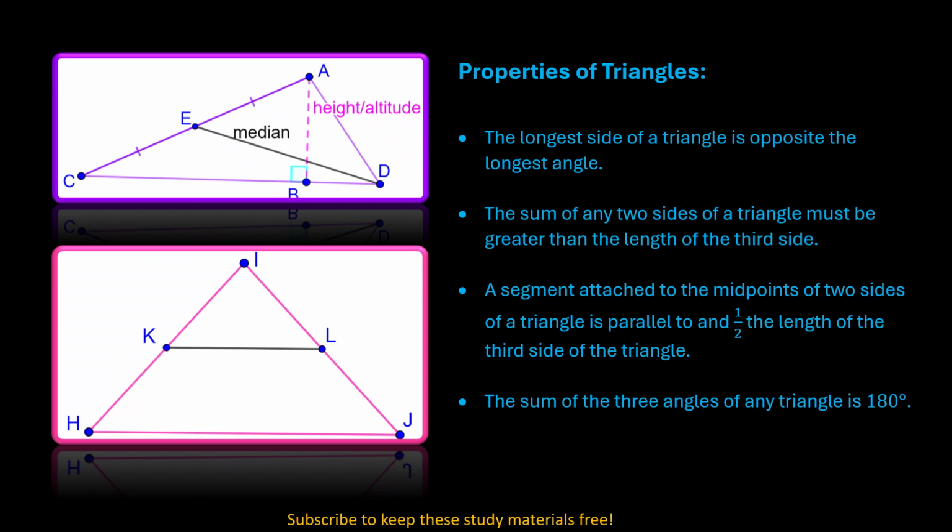A segment attached to the midpoints of two sides of a triangle is parallel to and 1/2 the length of the third side of the triangle. That's the second picture here. Now, the top picture shows you a median.